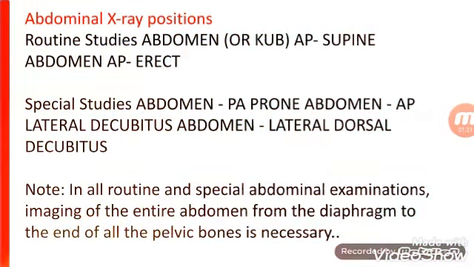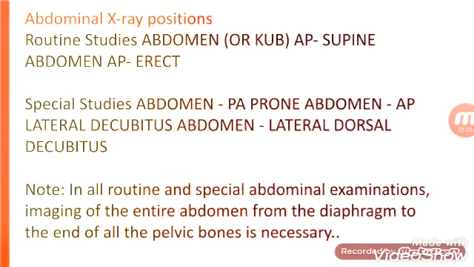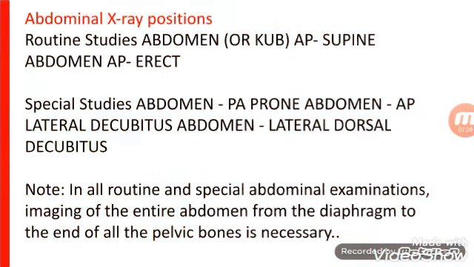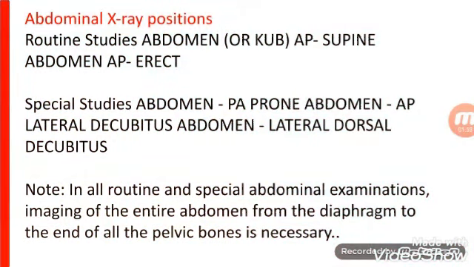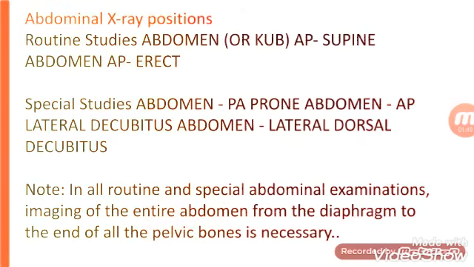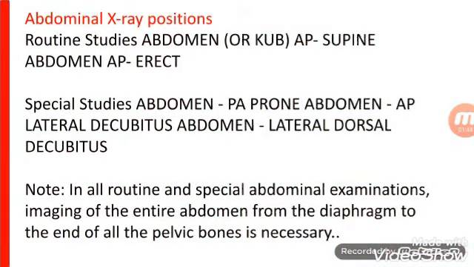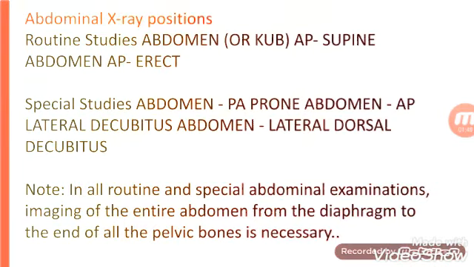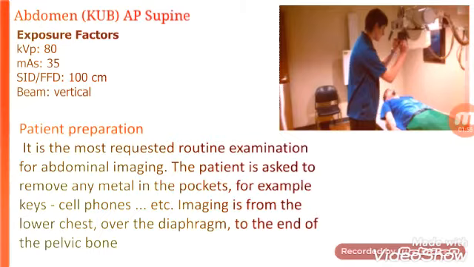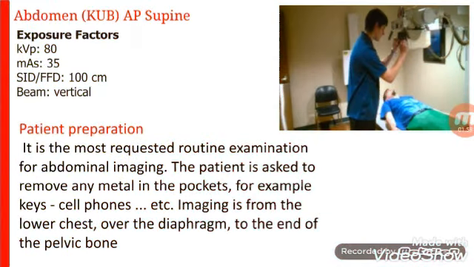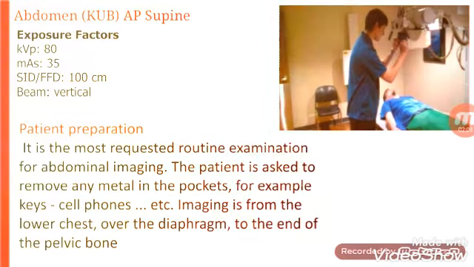The special studies are PA prone, AP lateral decubitus, and lateral dorsal decubitus. Note that in all routine and special abdomen examinations, imaging of the entire abdomen from the diaphragm to the end of the pelvis bone is necessary. Abdomen AP supine: exposure factors kVp 80, mAs 35, SID 100, and beam vertical.